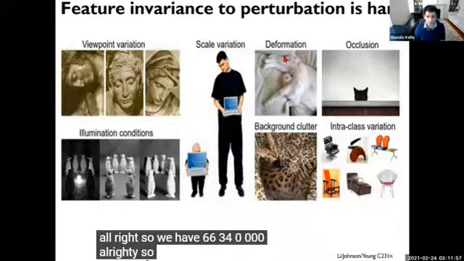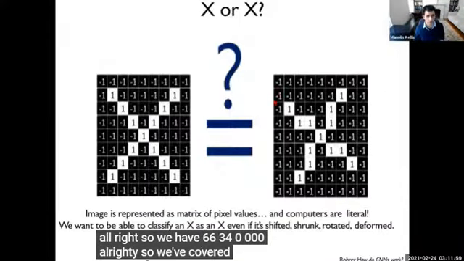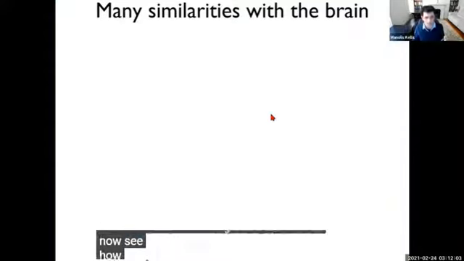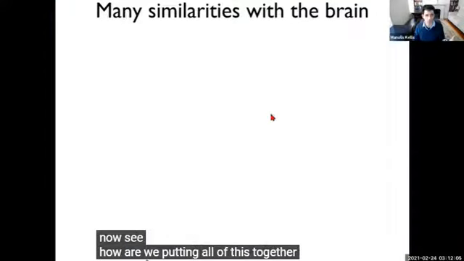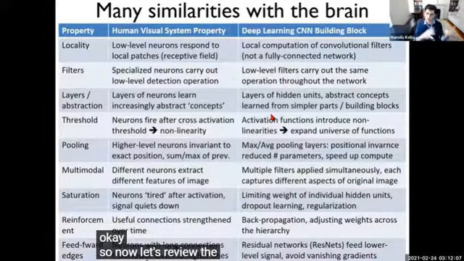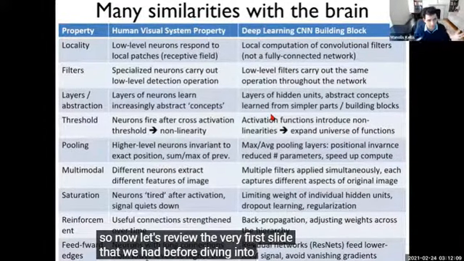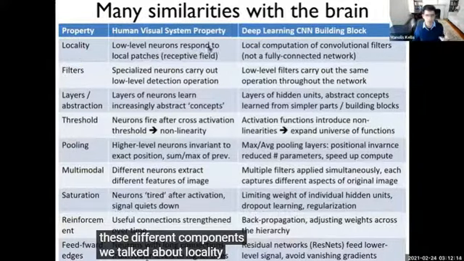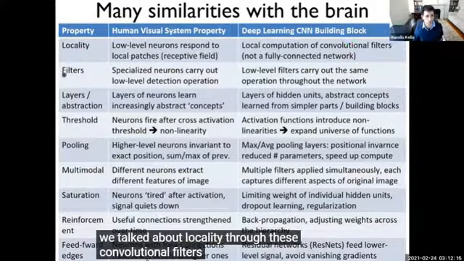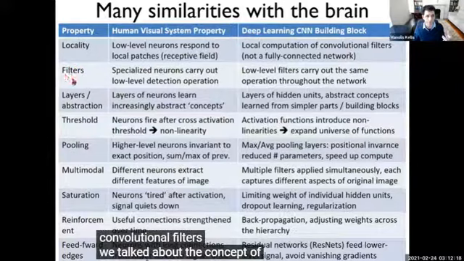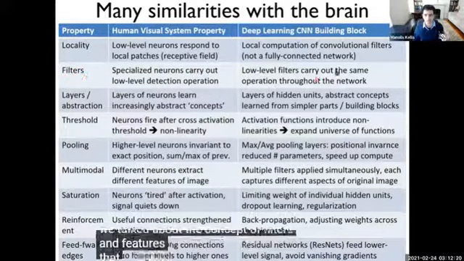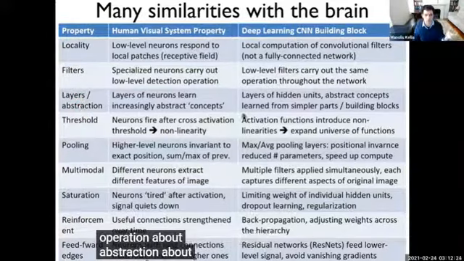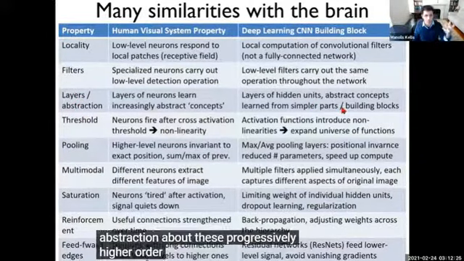All righty, so we've covered an immense amount of ground, and we can now see how we're putting all of this together. So now let's review the very first slide that we had before diving into all of these different components. We talked about locality through these convolutional filters. We talked about the concept of filters and features that basically carry out the same operation, about abstraction, about these progressively higher order concepts.